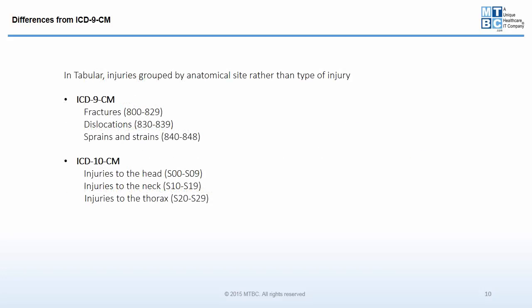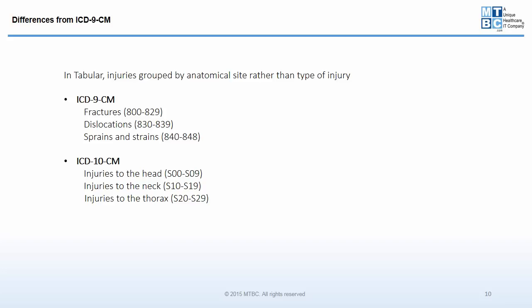In the tabular, the injuries are grouped by anatomic site rather than type of injury. So that's the tabular, that's the number section at the end of the ICD-9 code book. So we have fractures in ICD-9 was 800 to 829. The dislocations were 830 to 839, and the sprains and strains are 840 to 848.